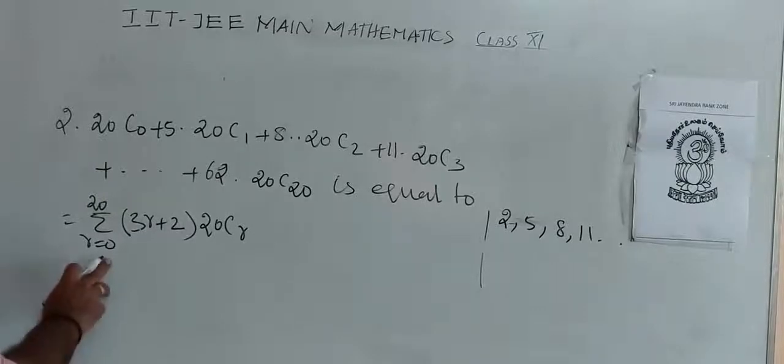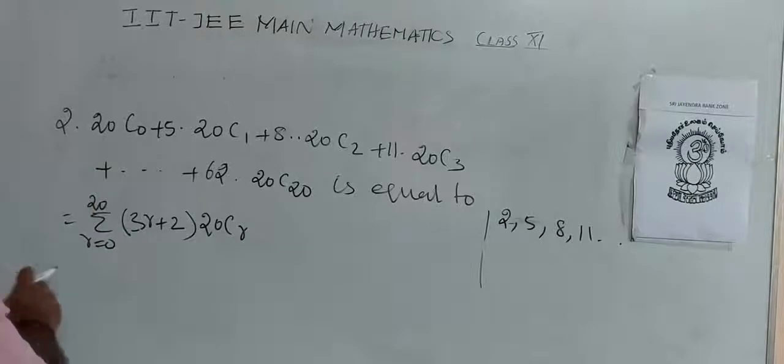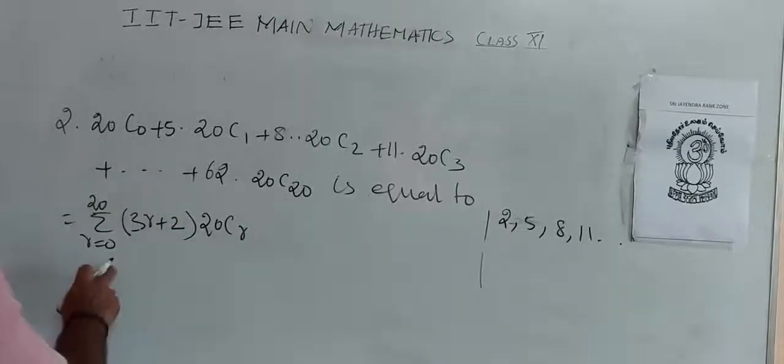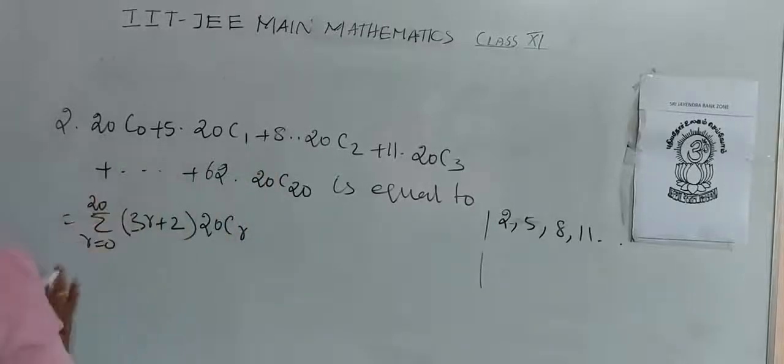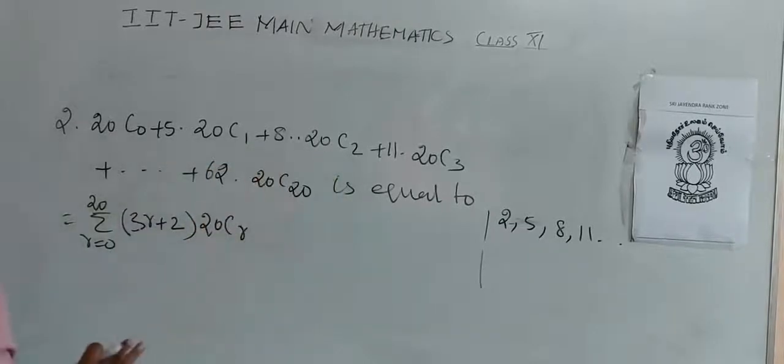If you take R equal to 0, you will get 2. R equal to 1, 3 plus 2, 5. R equal to 2, 6 plus 2, 8. These multiply 20C0, 20C1, 20C2. So it will satisfy the expansion.